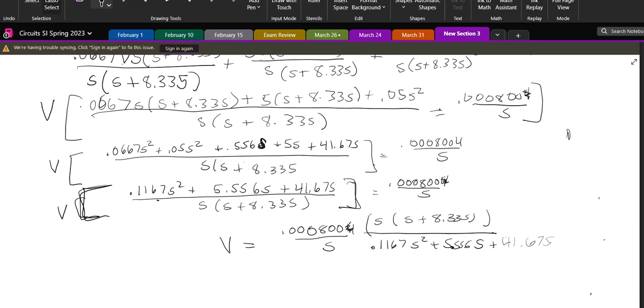Now I want to factor out this 0.1167. So I want to have, let's see if I can fold this back.